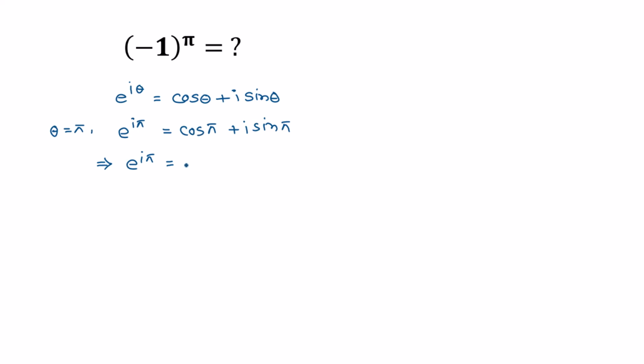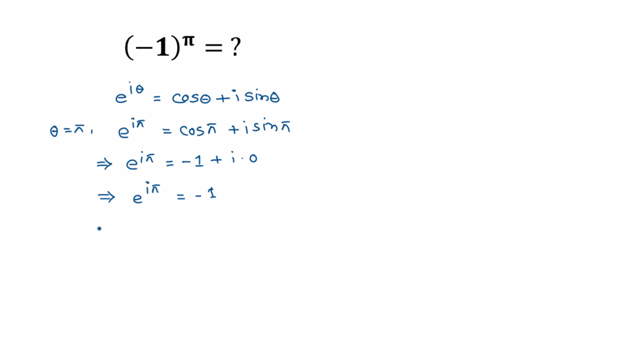So substituting this value here, we will get -1 plus i, and the value of sin pi is 0. So this will be 0. Or e to the power i pi is equal to i times 0, which is 0. So it will remain -1.